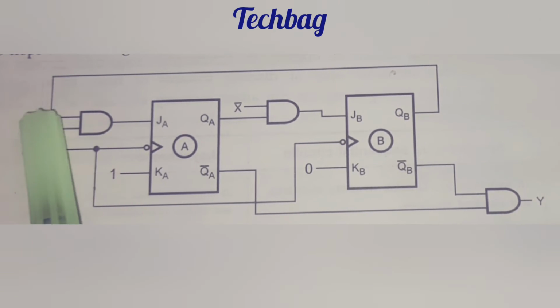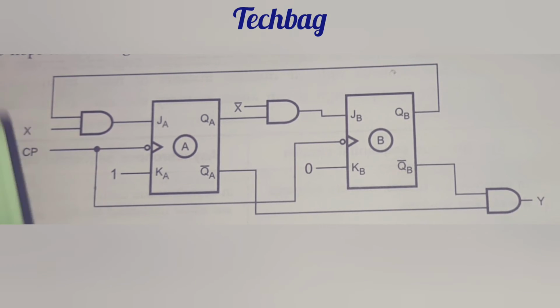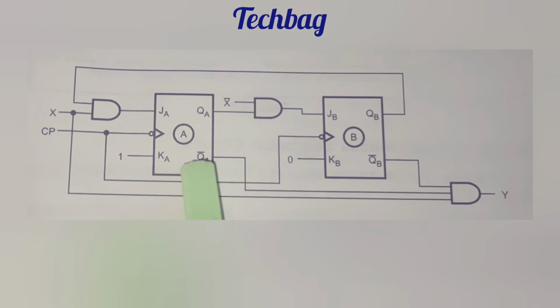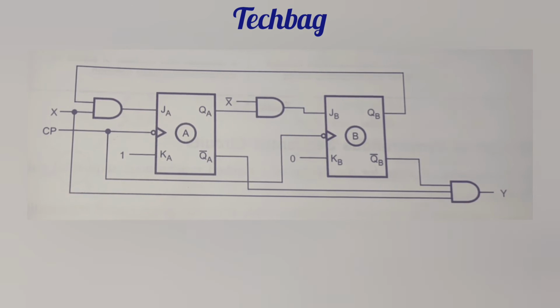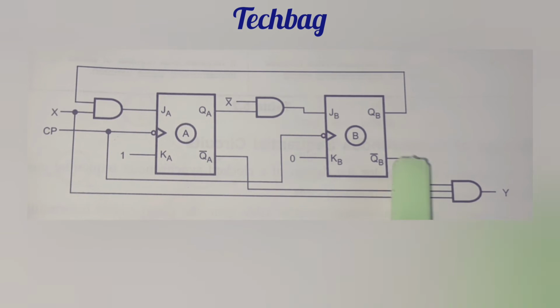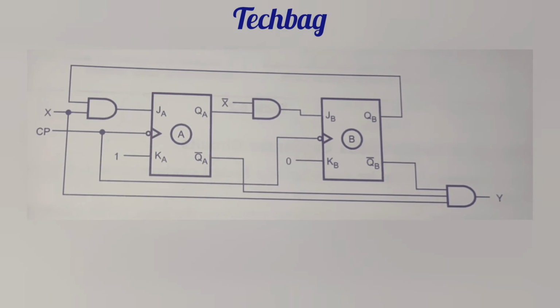It does not depend upon the external input X. In the next circuit, A and B are the memory elements, this Y is the output. Here Y depends upon the present state of A and B, that is QA bar, QB bar, and also depends upon the input X. So this is an example of Mealy circuit.